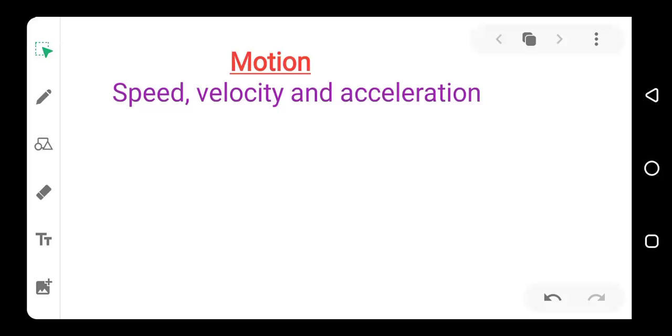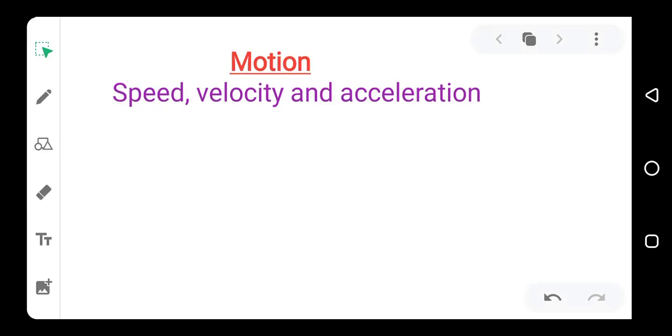In today's lesson, we want to look at speed, velocity, and acceleration under motion. In our last lesson, we talked about Newton's laws of motion. Of course, I believe you already know what motion is: movement or traveling.